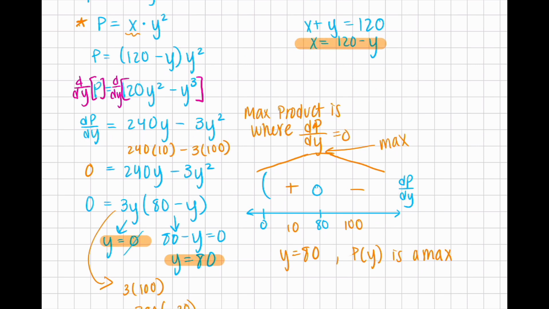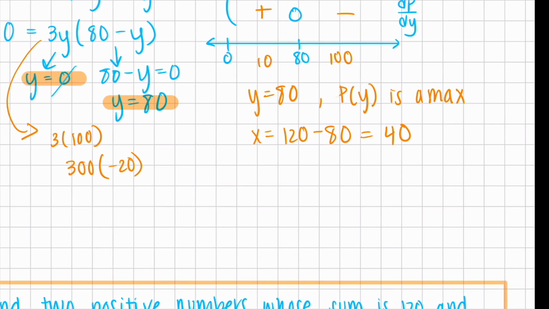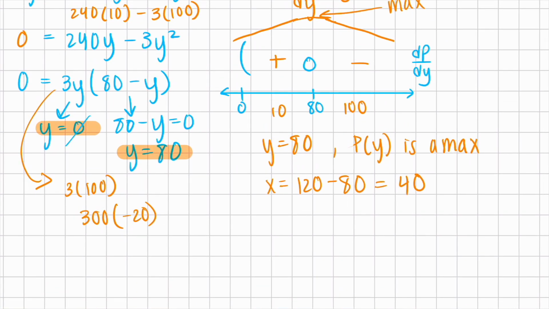I know that x is 120 minus y. So x is 120 minus 80, which is 40. So my two numbers that satisfy this problem are 40 and 80. And that is our answer.